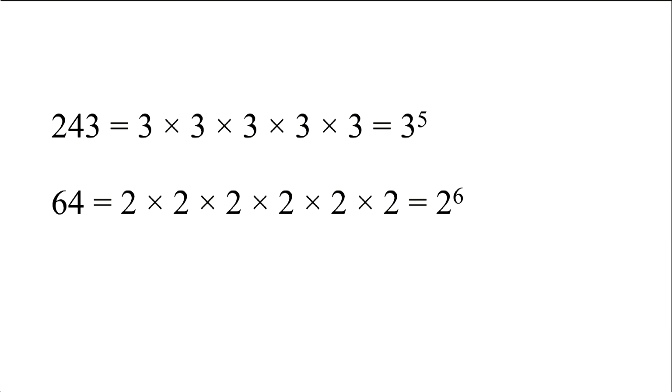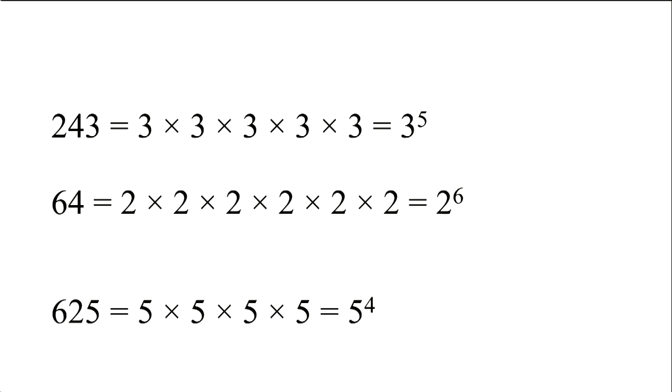So it can be written as 2 into 2 into 2 into 2 into 2 into 2. Therefore, the exponential form of 64 is 2 to the power of 6, because 2 is repeated 6 times. In this case, 3 is called base and 5 is called exponent. In case of 2 to the power of 6, what does 2 represent? 2 represents base and 6 represents exponent.